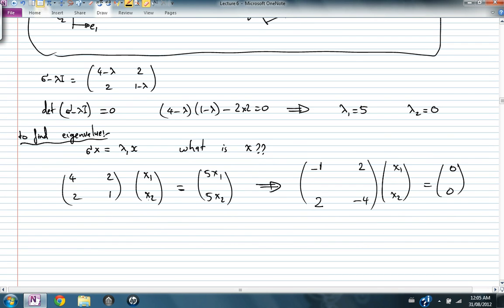4x1 plus 2x2 is equal to 5x1, which means negative x1 plus 2x2 equals 0. And the second equation is 2x1 minus 4x2 equals 0. Now this matrix is not invertible, which means I won't be able to find a unique solution to this. So I'm going to assume a value.